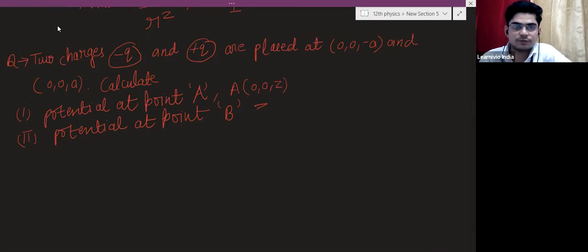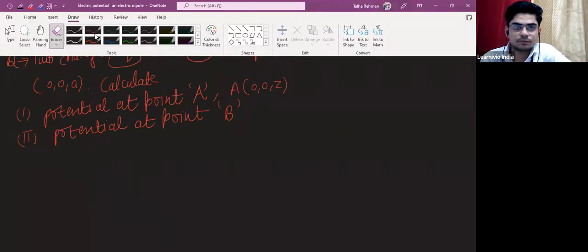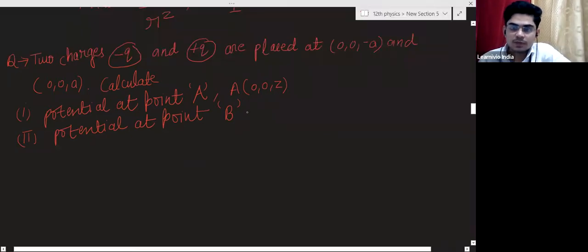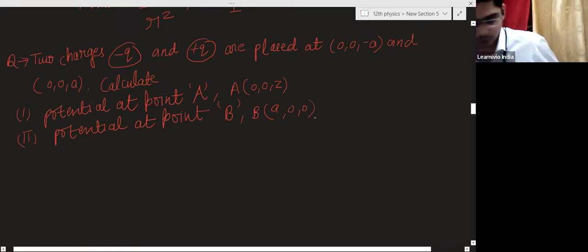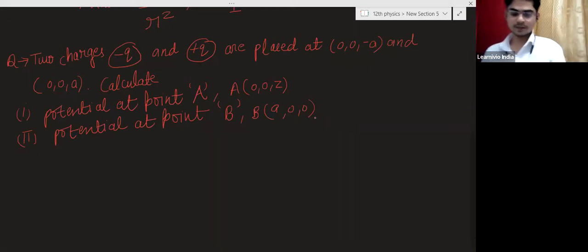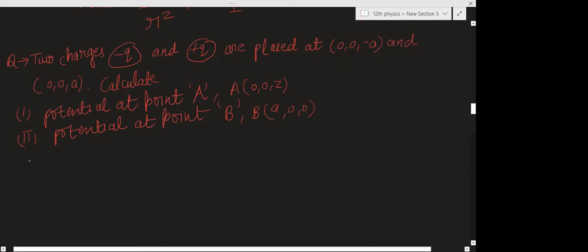And the coordinate of point B is given as a, 0, 0.